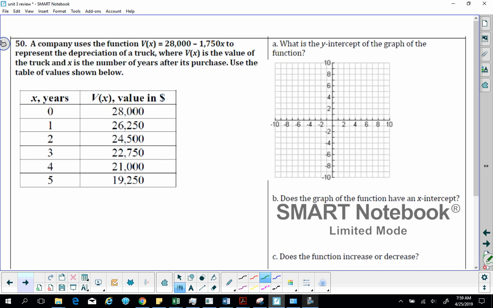All right, this one says, what was the y-intercept? What's the y-intercept here? What is it? What's my y-intercept? You should be able to look at the table or the equation.